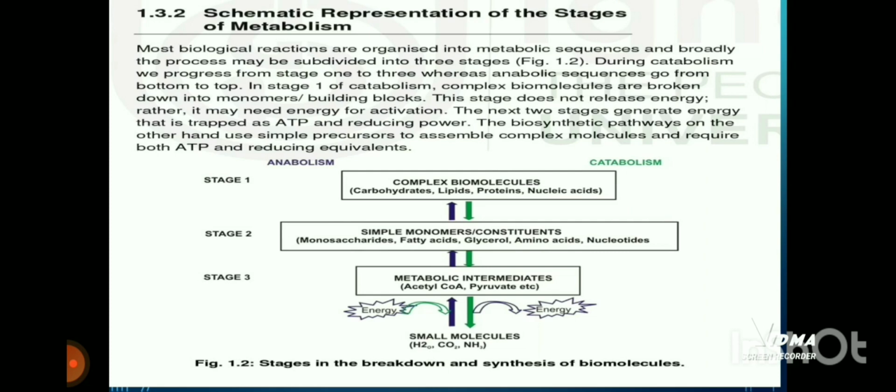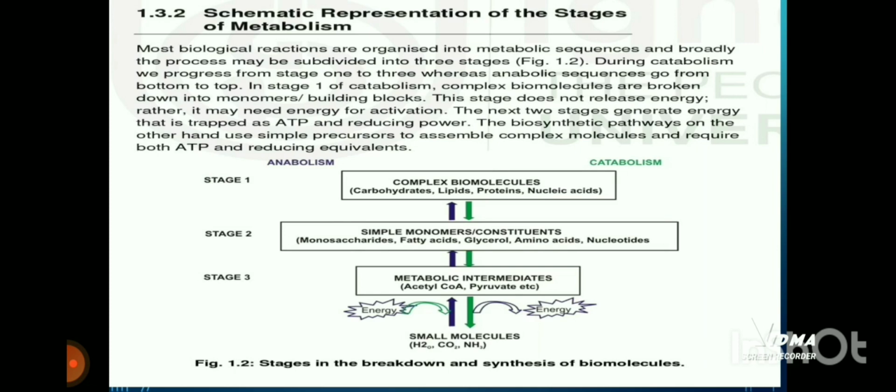In stage 1, complex molecules, which type? Carbohydrate, lipid, protein and nucleic acid. In stage 2, they are converted into simple monomers, simple constituents like monosaccharide, fatty acid, glycerol, amino acid, nucleotides.